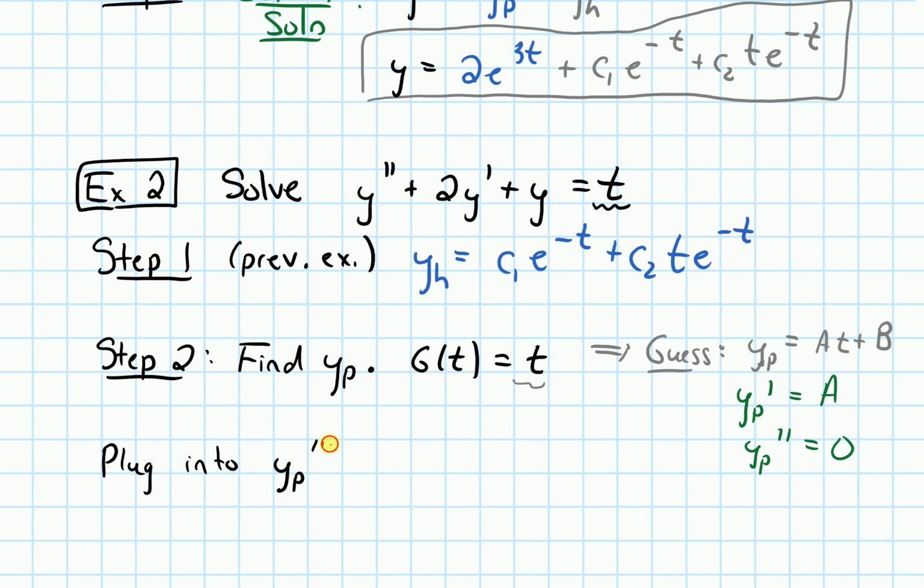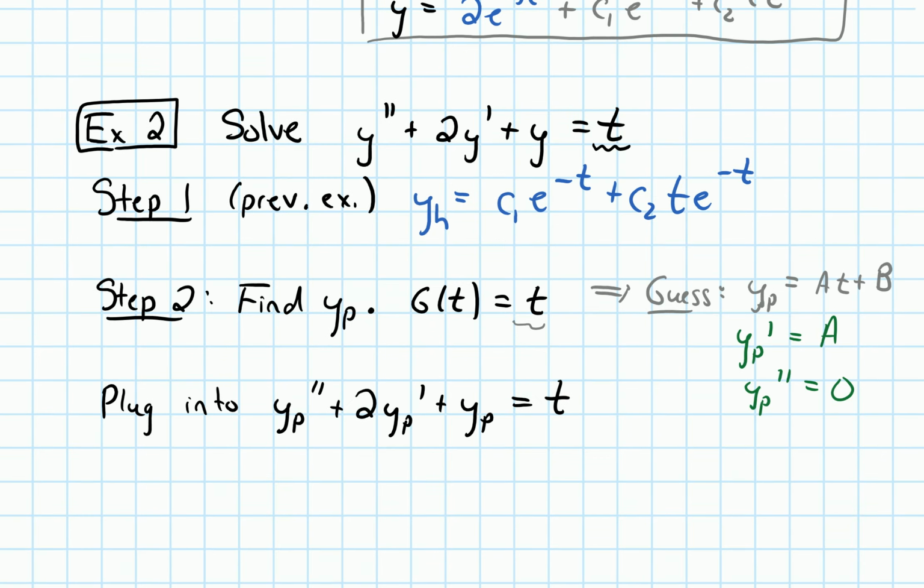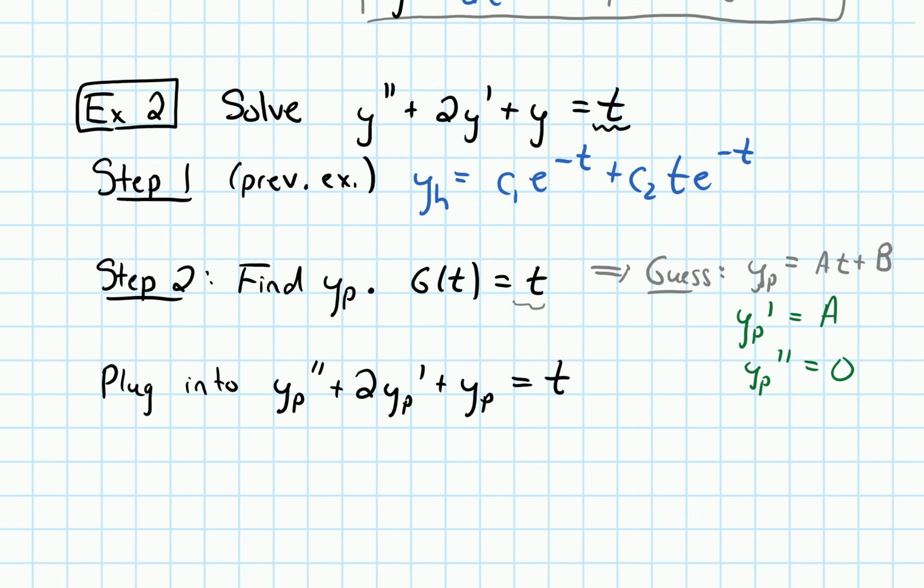So y p double prime plus 2 times y p prime plus y p needs to be equal to t. If we plug in, y p double prime is 0, plus 2 times the first derivative, which was a, plus the original function, at plus b. And on the right-hand side, this equals t.